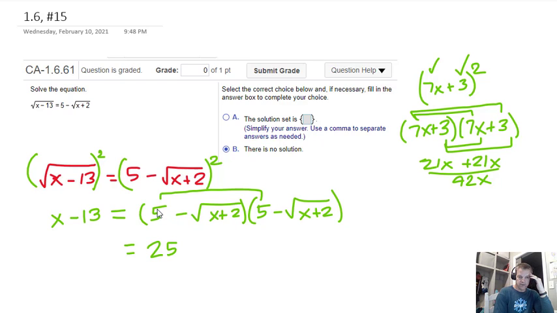Now the next one is to take the outer terms. This 5 times this negative square root of x plus 2. This is where people start to get flaky and misunderstand. So we're going to write minus 5 square root of x plus 2. There are various things that people do here. Some people think that you can take the 5 and multiply it by the x plus 2.